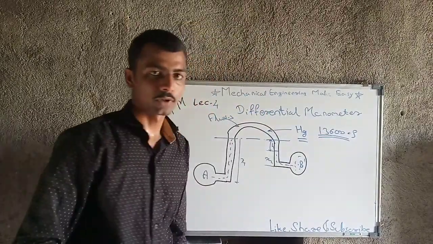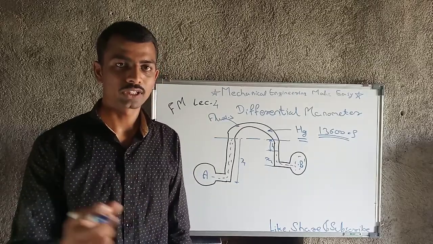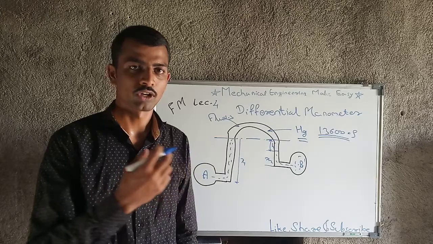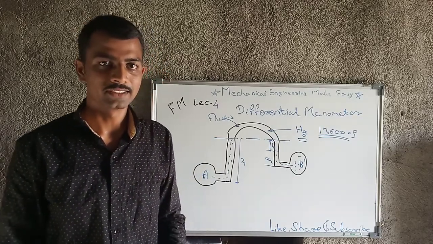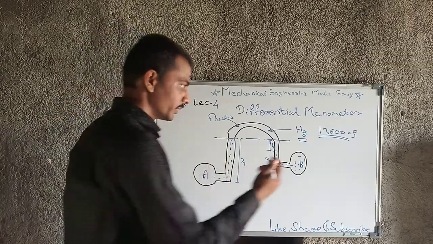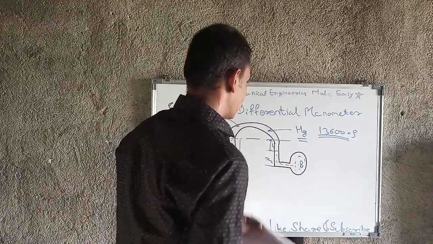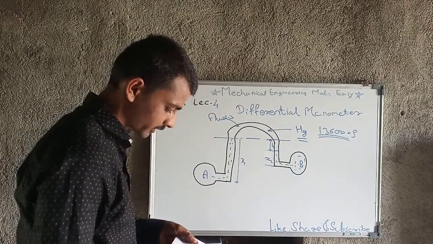You can take the example of air, which has a density of 1.2 kg per meter cube, and water, which has a density of 1000 kg per meter cube. But what about Hg? Mercury has a density of 13600 kg per meter cube, so too much high density, and that's why we take Hg for measuring pressure in a number of pressure devices.